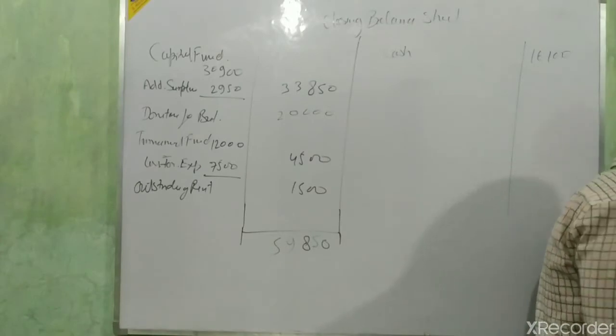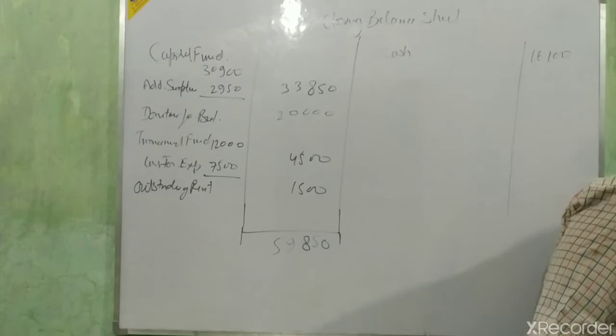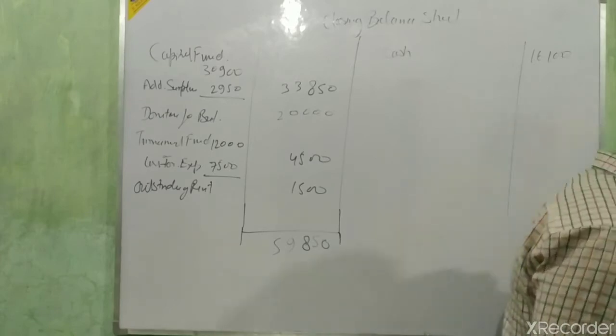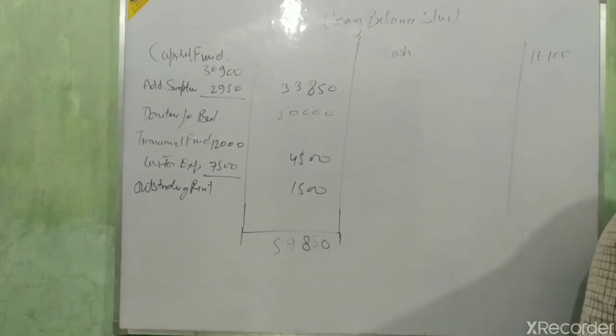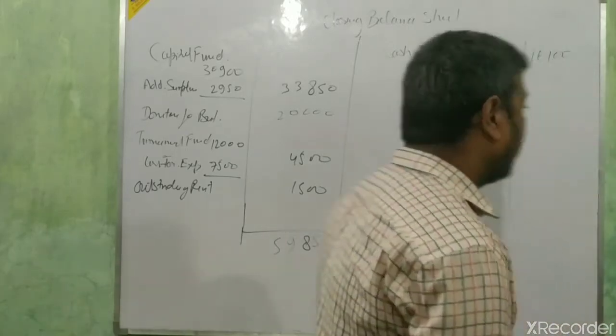The next assets: salary we are not taking, rent not taking, printing and stationery not taking, expense of charity fund not taking. Then tournament fund we are not taking. Investment purchase, and outside investment is also given.